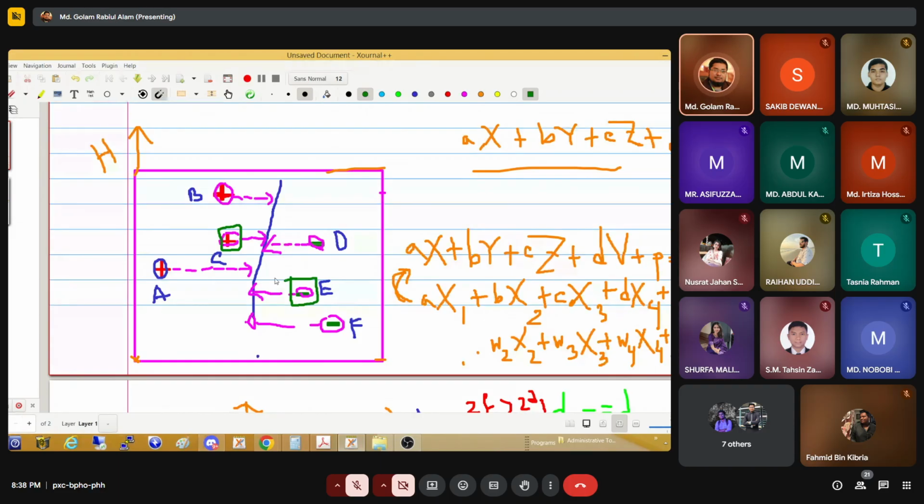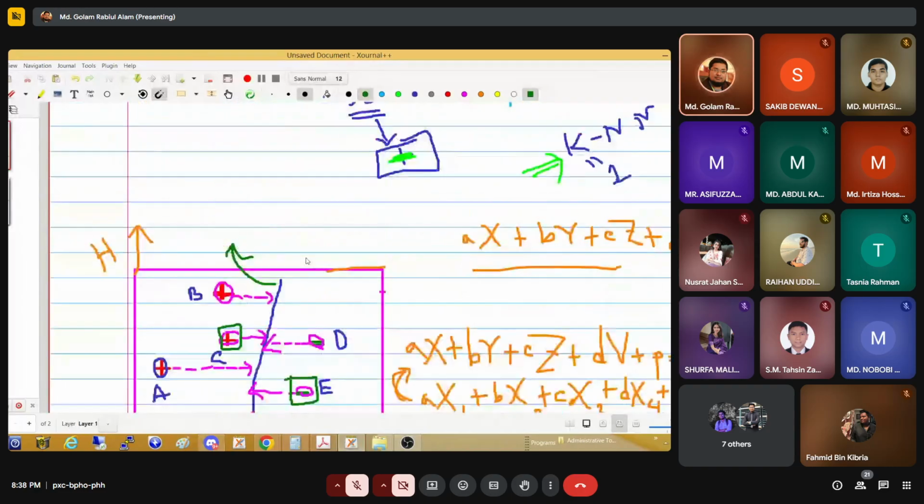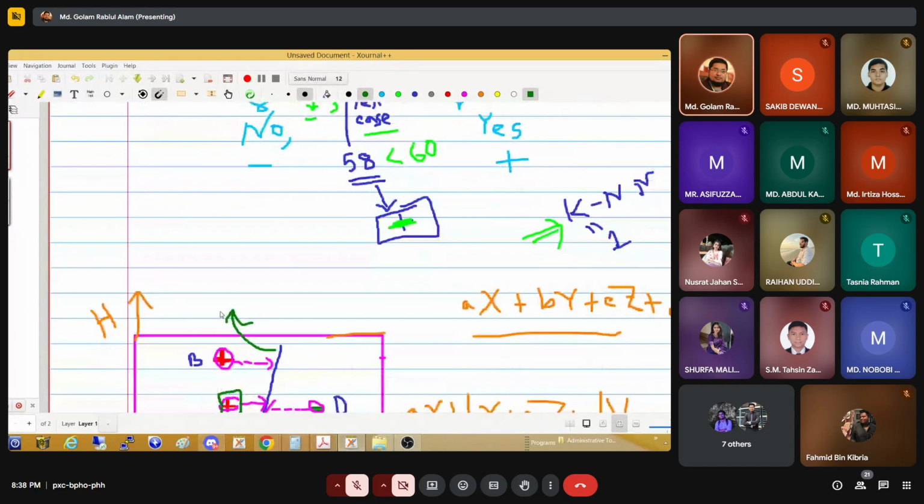Consider that this is our line. Let's just assume that the equation of this hyperplane or line is x plus 3y minus 4 equals 0.